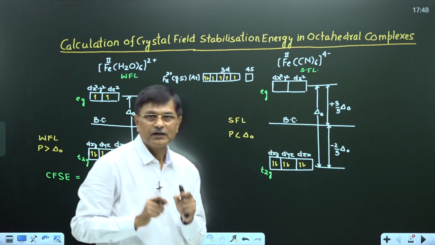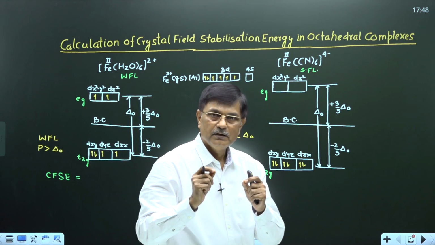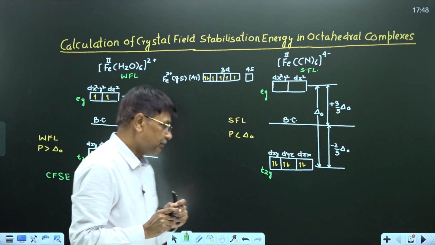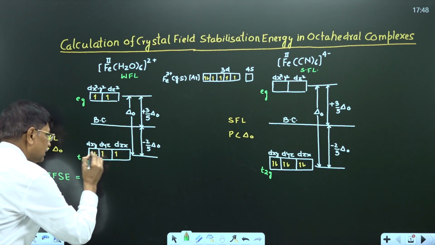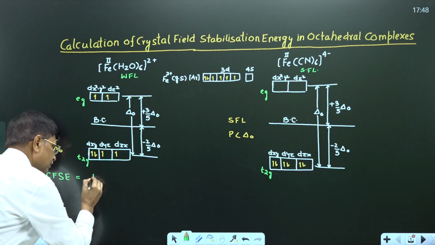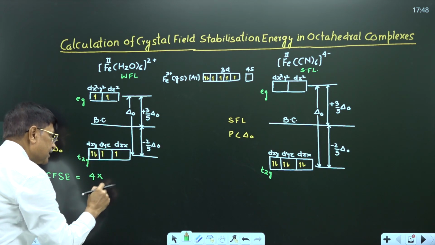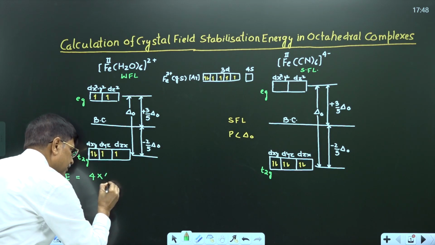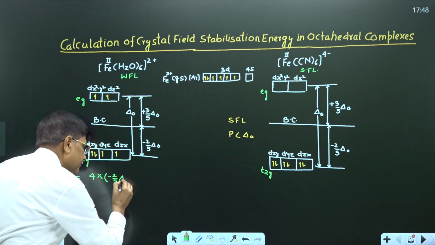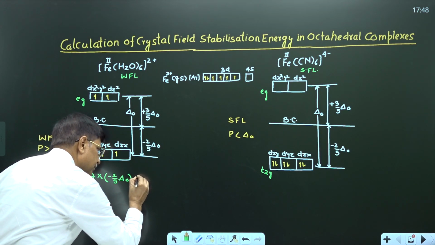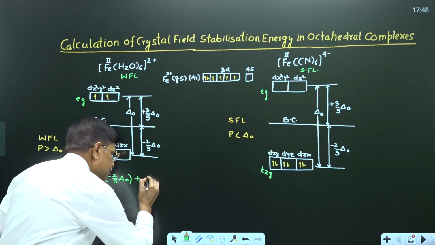So students, let us sum them algebraically. CFSE value will be equal to, there are 4 electrons in T2g orbitals. Potential energy of each electron has been lowered by minus 2 by 5 delta O, plus there are 2 electrons in Eg orbitals.